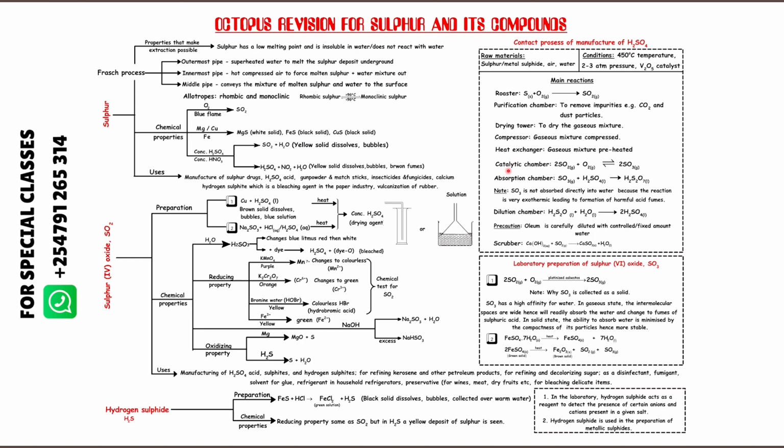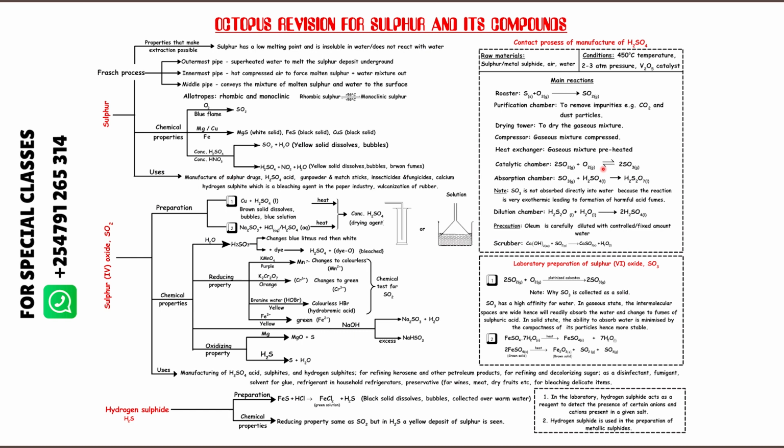Then from there we go to the catalytic chamber, whereby the sulfur 4 oxide will react with oxygen to form sulfur 6 oxide. This reaction occurs in the presence of vanadium 5 oxide. The temperature is maintained at 450 and the pressure at 2 or 3 atmospheres. Remember, if you are told to give the conditions, don't say a pressure of 2 to 3.